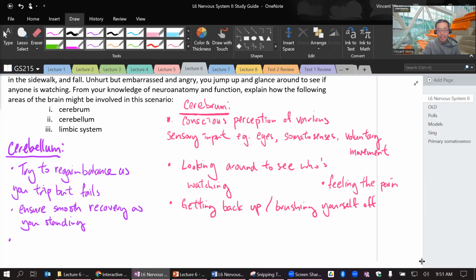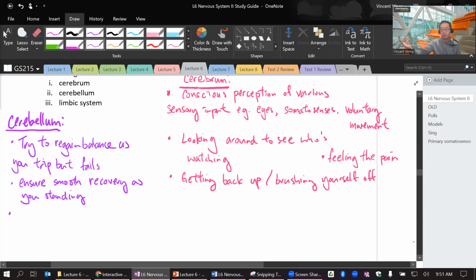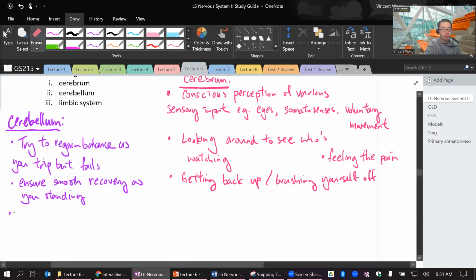Remember, the cerebellum has this reference image of what your body's supposed to look like when you're doing certain things. So as you're falling, the cerebellum will be receiving signals from, we'll learn this next part today, but I'll write down the name, vestibule.